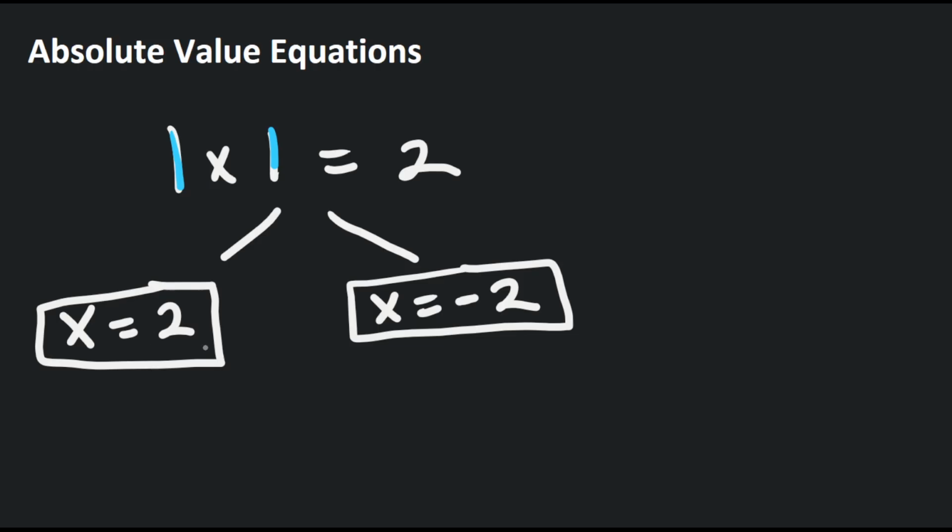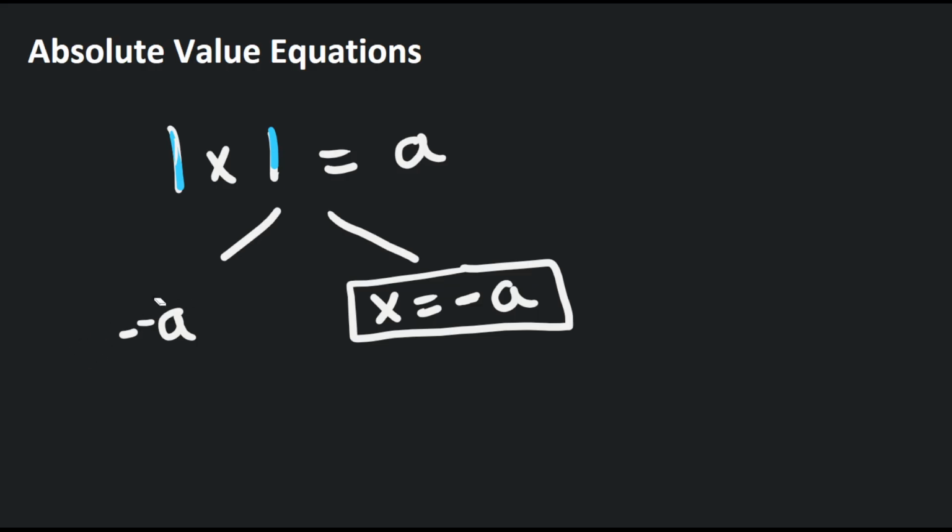You have to make it equal the positive version, so positive 2, and you have to make it equal the negative version as well, negative 2. So put more generally, if we had the absolute value of x equals a, x can equal a, and x can equal negative a. And that's how you drop the absolute value bars right here in blue.